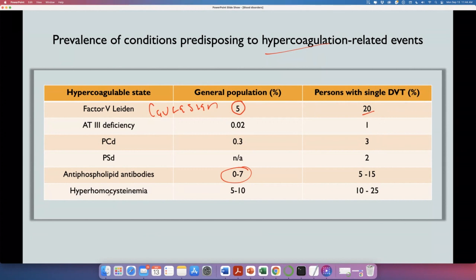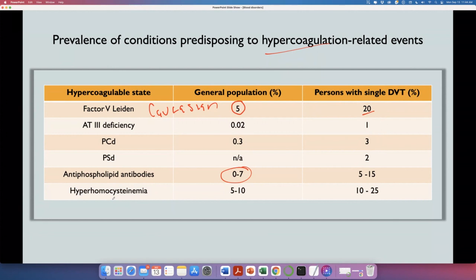What about hyperhomocysteinemia? Hyperhomocysteinemia is a marker for many different risks. Okay, remember we talked about these people with B12 or folate deficiency, but many people may have hyperhomocysteinemia and not have B12 or folate deficiency.